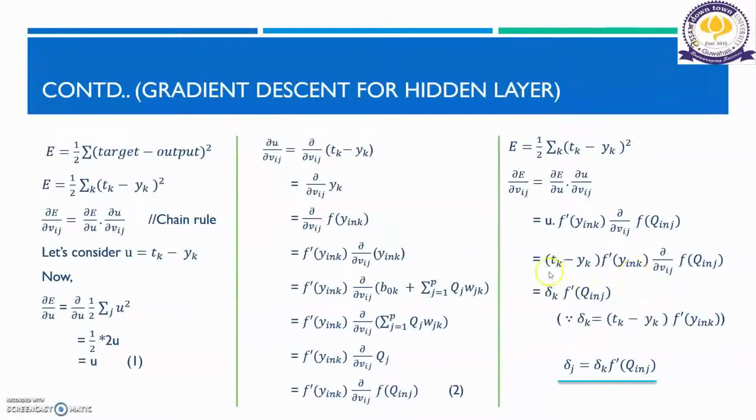So for this term we just replace with delta k, and the derivative of function q and j remains as just f dash q and j. So ultimately we get the error correcting term at the hidden layer as the error correcting term of the output layer into the derivative of the output of the hidden layer unit. So you guys just go through this equation carefully, you will understand.